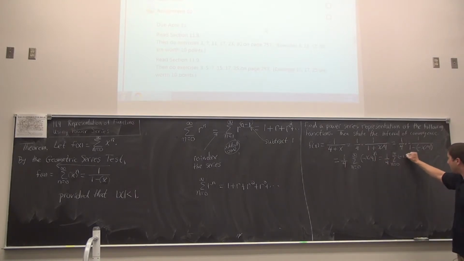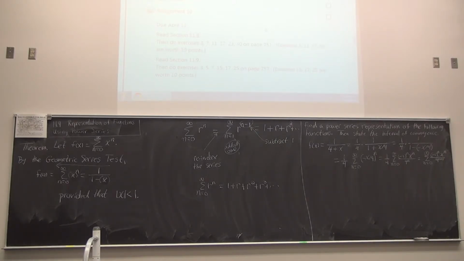So it'll be negative 1 to the power n, x to the power of n, divided by 4 to the power of n. Then the 1/4 can multiply into the series and increase the power of 4 from n to n plus 1. So this is now the same as the summation as n goes from 0 to infinity of negative 1 to the power of n times x to the power of n divided by 4 to the power of n plus 1.